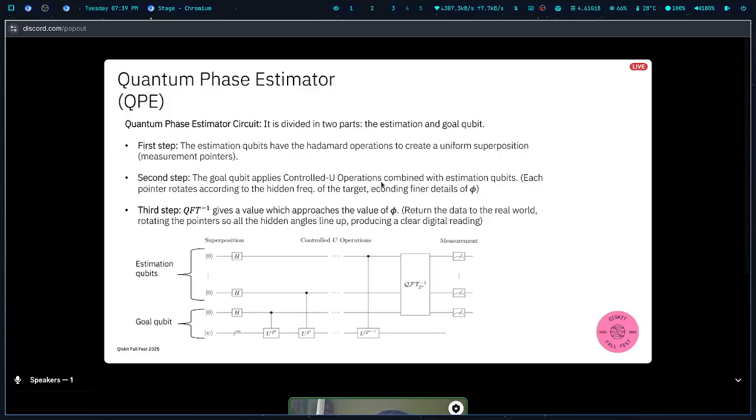That's what's going on. It's combined with the estimation qubits. Its pointer rotates according to the hidden frequency of the target, the one we explained in the quantum Fourier transform, encoding finer details of that angle, not amplitude.